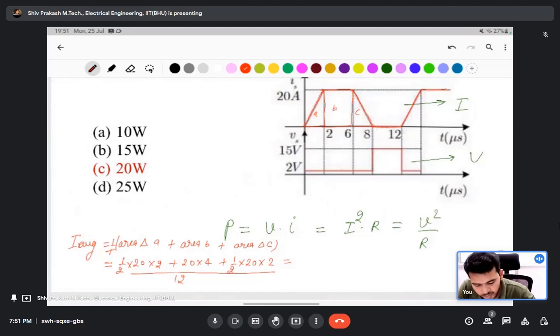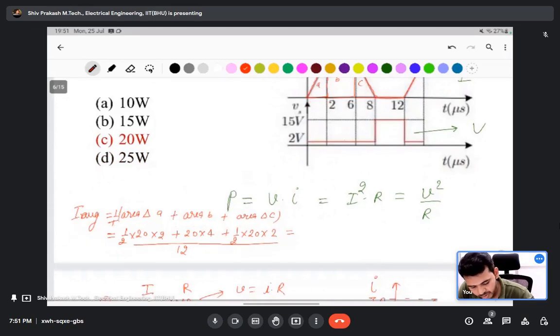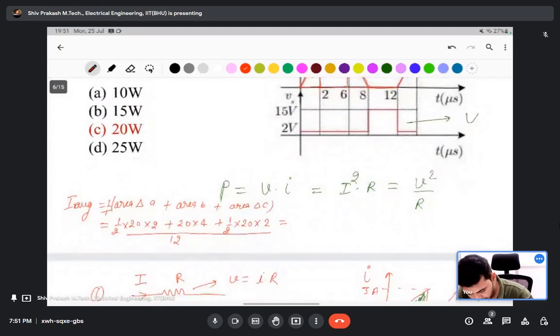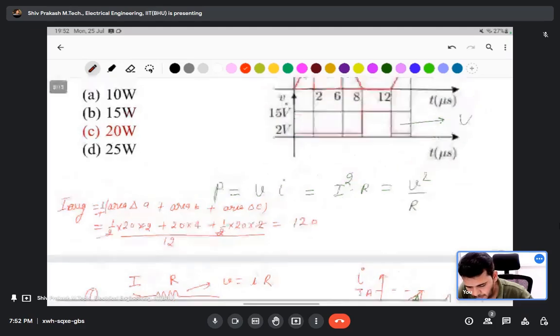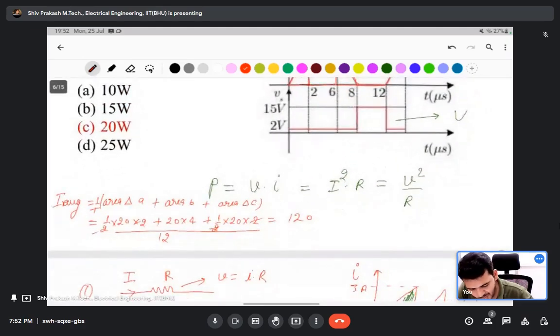If the current is 0, then P into I is 0, means power 0, so power is collected between 0 to 8 microsecond only. 2 cancel out, 2 cancel out, 20, 20, 40, 40 times 2 is 80, 80 plus 20 is 120, divided by 12 is equal to 10 watt.